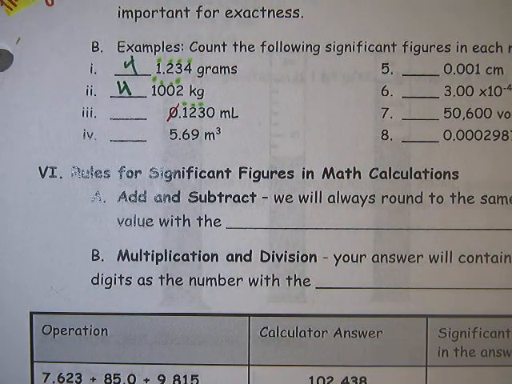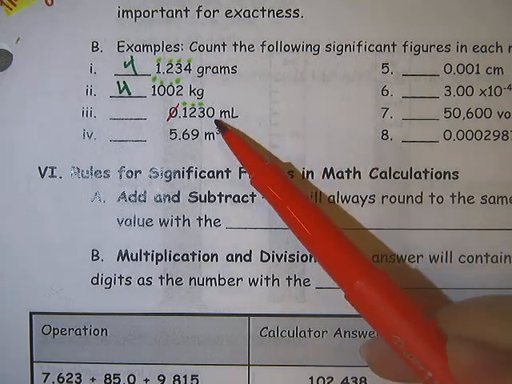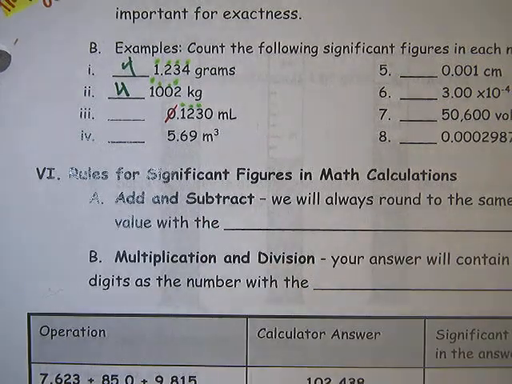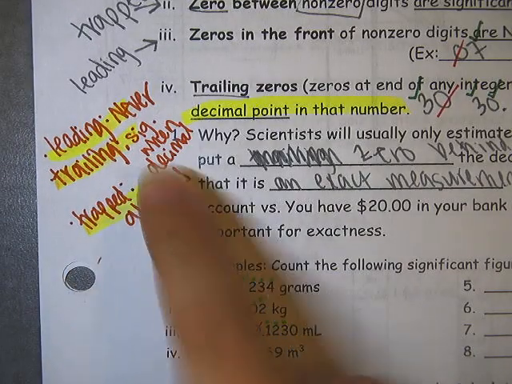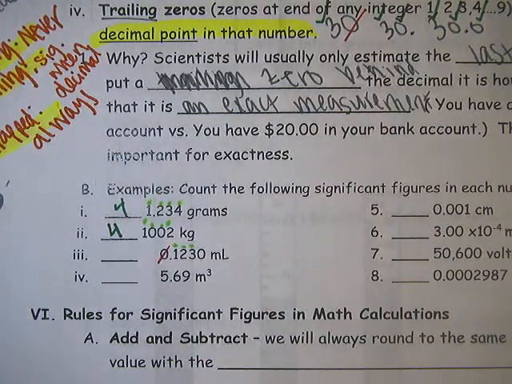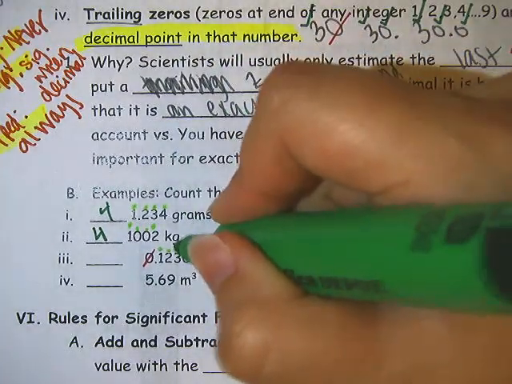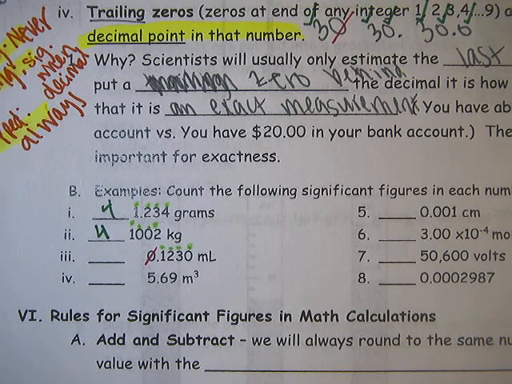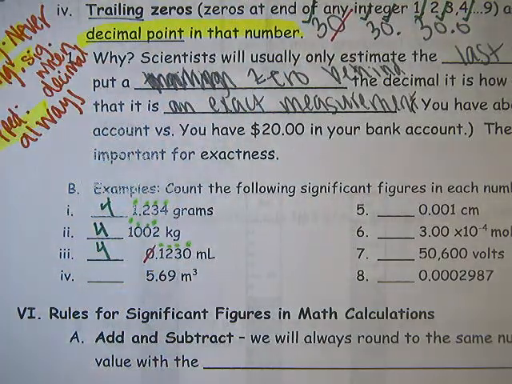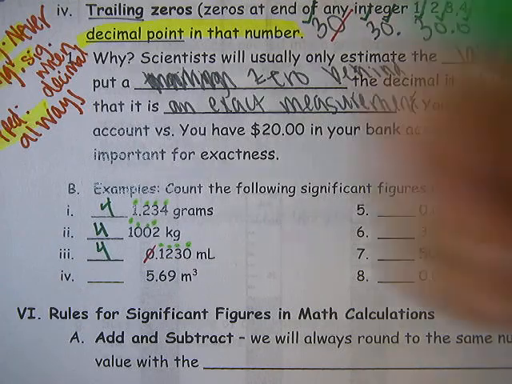And then what about the 0 at the end? What type of 0 is that? That is a trailing 0, and trailing zeros are significant when you have a decimal. So since there is a decimal in that number, that trailing 0 becomes significant. So how many sig figs in this whole number? 4. Perfect.